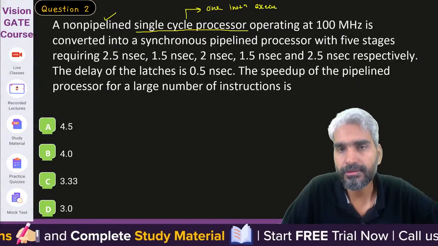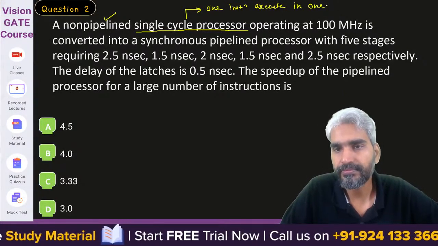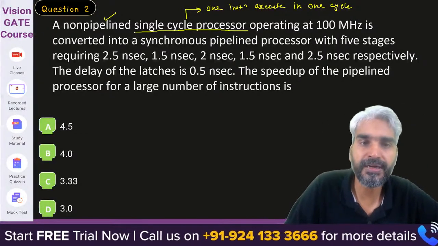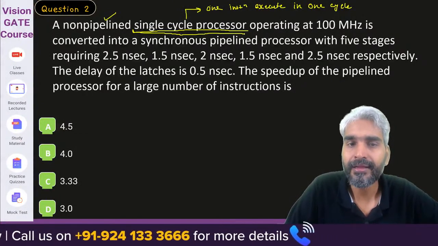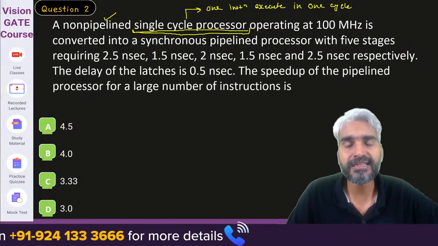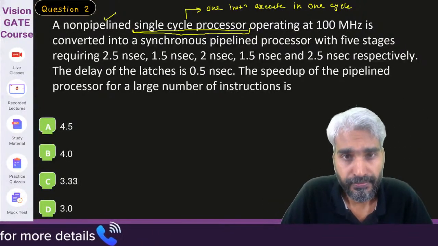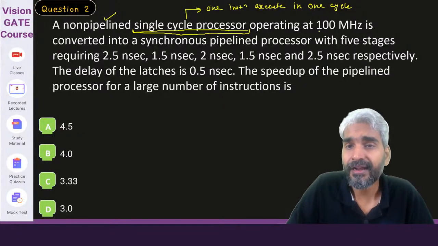Students may get confused because of this statement, about what they mean by single cycle processor. Single cycle processor means all the instructions of that particular processor can be executed in one clock cycle time, operating at 100 megahertz.